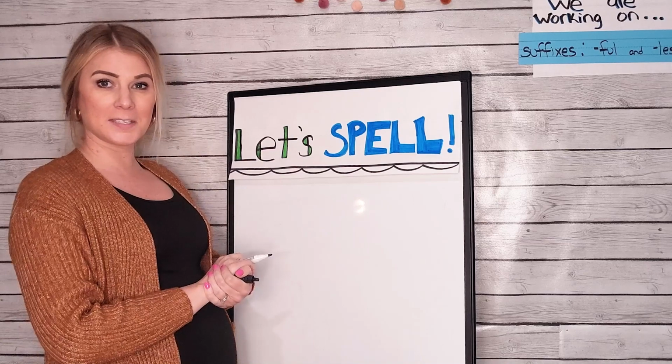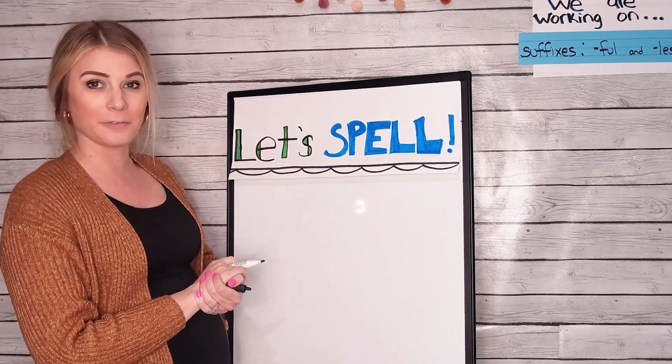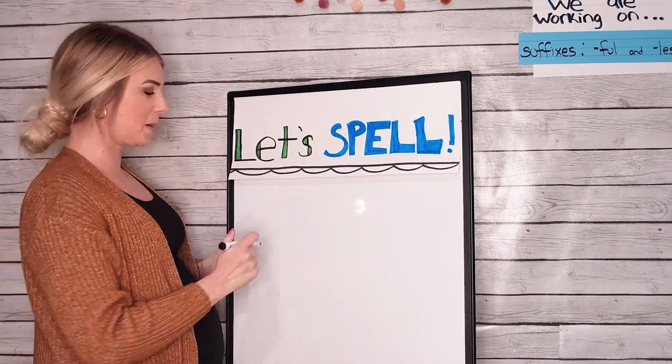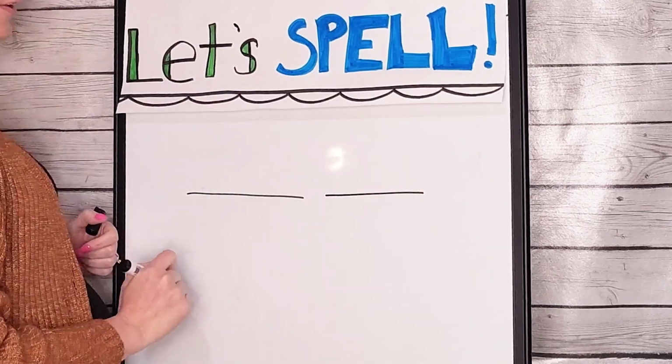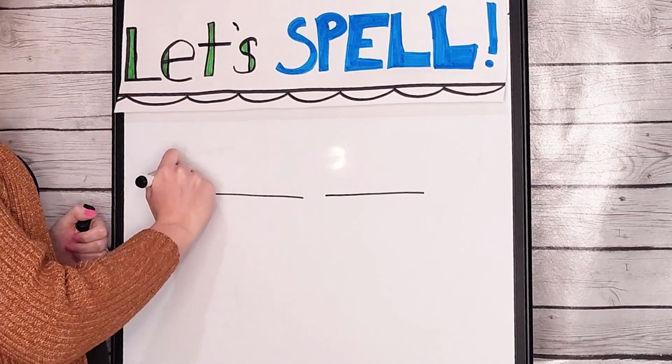Our next word is prideful. Can you say that word with me? Prideful. When I say the word prideful, I hear two word parts. Pride and my suffix, full. Let's listen for the sounds in our first word part.